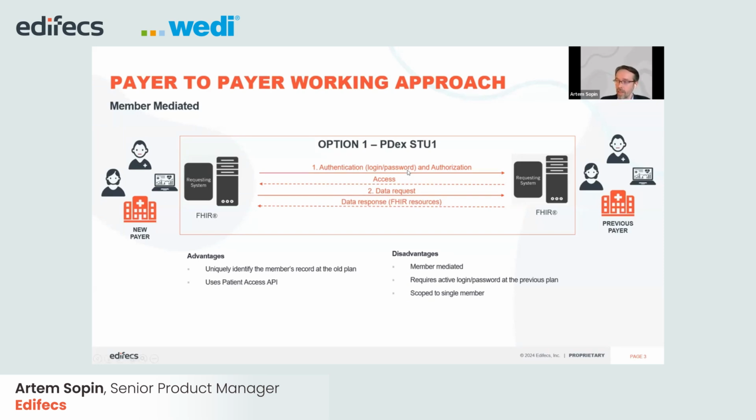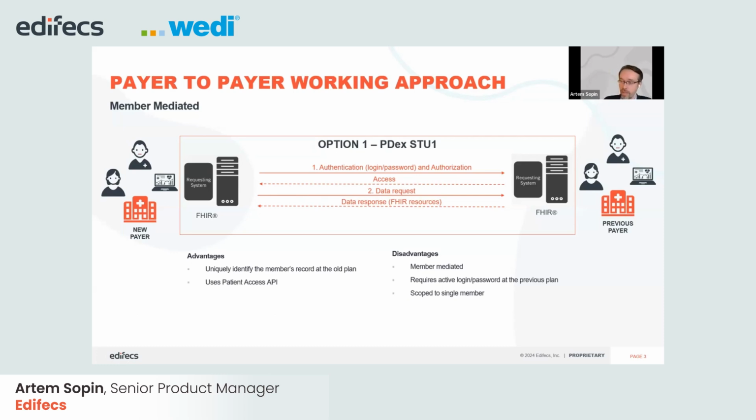Moreover, what I liked about this approach, and I still like, is that we actually reuse the patient access API, which is important because instead of reinventing the wheel, we rely on existing functionality, and everything looks good. But as you may see from my slides, there are advantages and disadvantages of this approach.